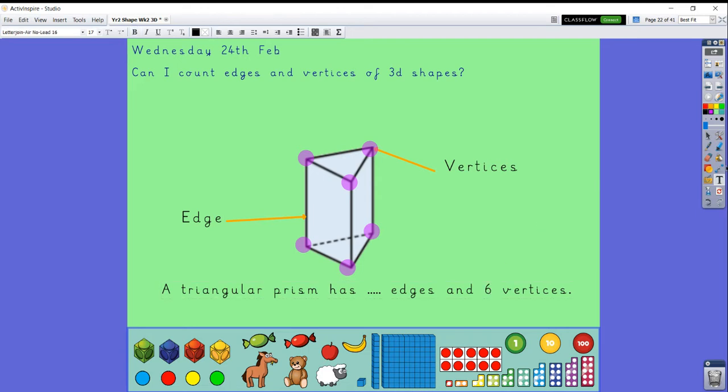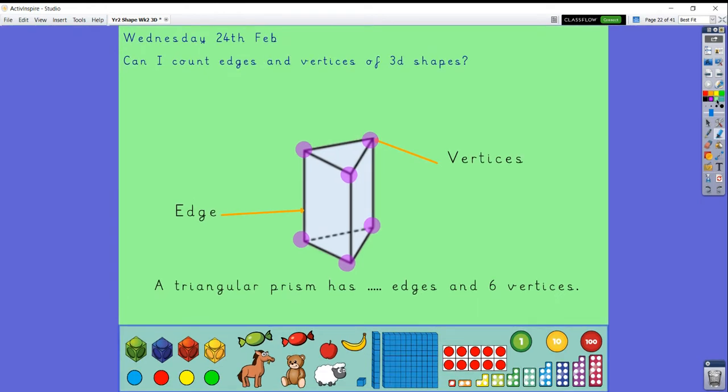Now let's have a go at counting the edges. I'm going to use my highlighter again and highlight as I count them. Let's choose orange. So I've got 1, 2, 3 on the top, 4, 5, 6, and then don't forget the ones in the middle, 7, 8, 9.